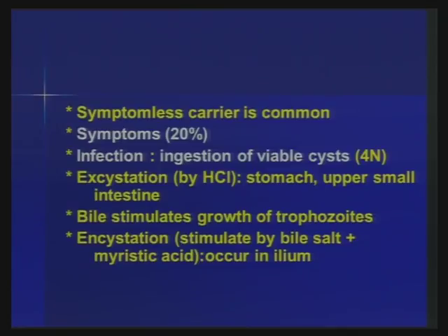So you know that they require bile, so the habitat should be around the small intestine, right? Multiplication occurs in the duodenum. And once they are going to leave the body, they need encystation, and still they require bile salt to stimulate the encystation before they come out of the body.